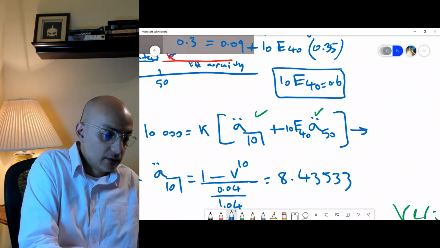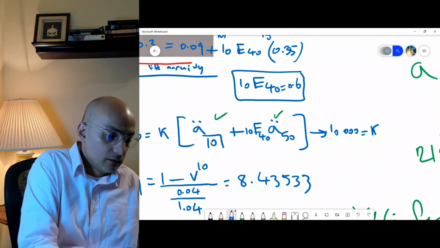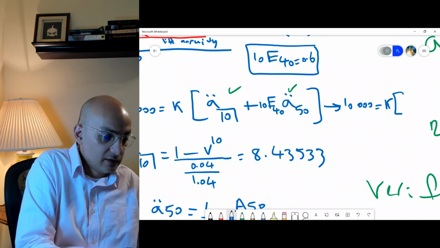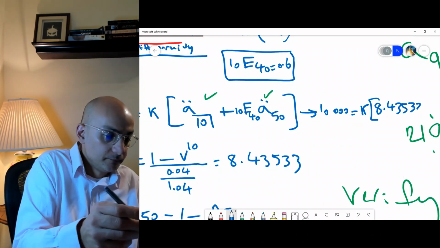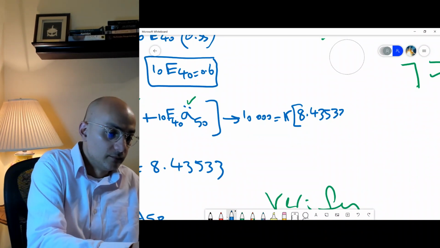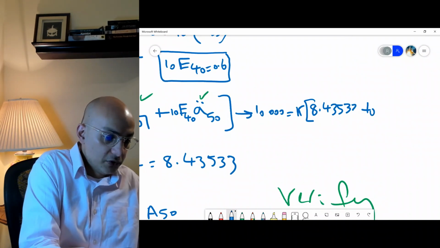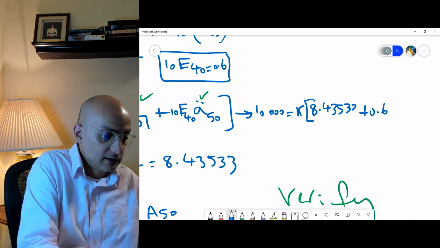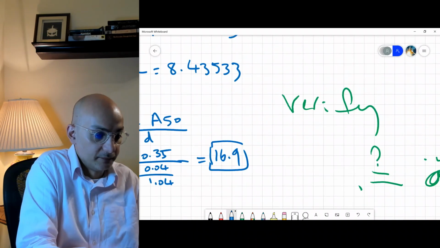So now 10,000 is equal to K times A10, which you already calculated, 8.43533, plus 0.6, which we already calculated, times A50, which we calculated to be 16.9.